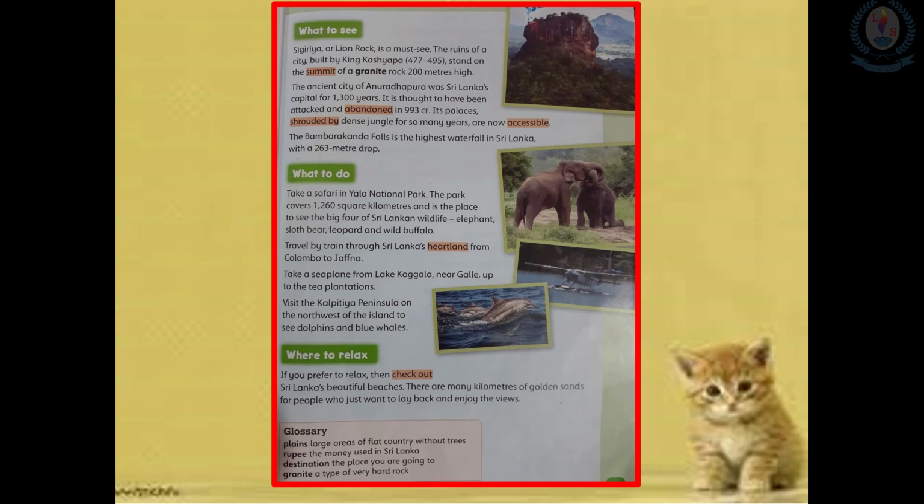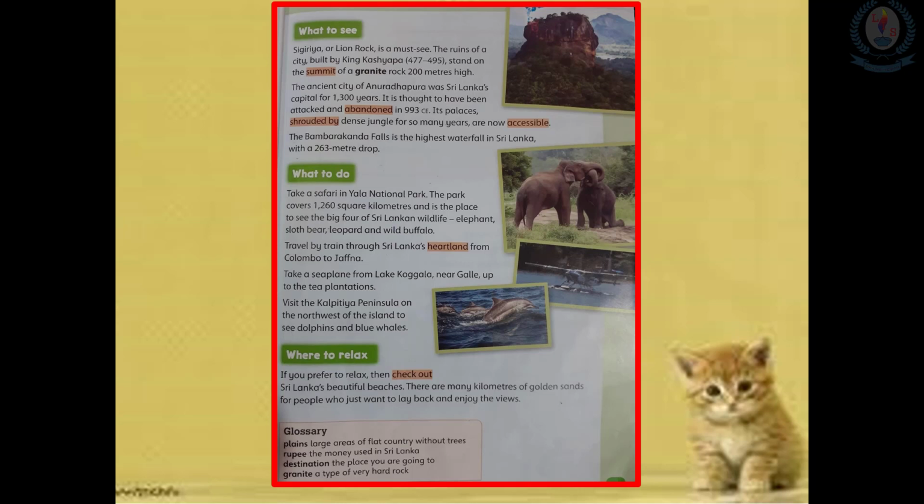Then the next one, the ancient city Anuradhapura. It is also a very important place because it is the ancient capital of Sri Lanka. But as time passed, it was abandoned. Now it is accessible. Why is it considered an important tourist destination?